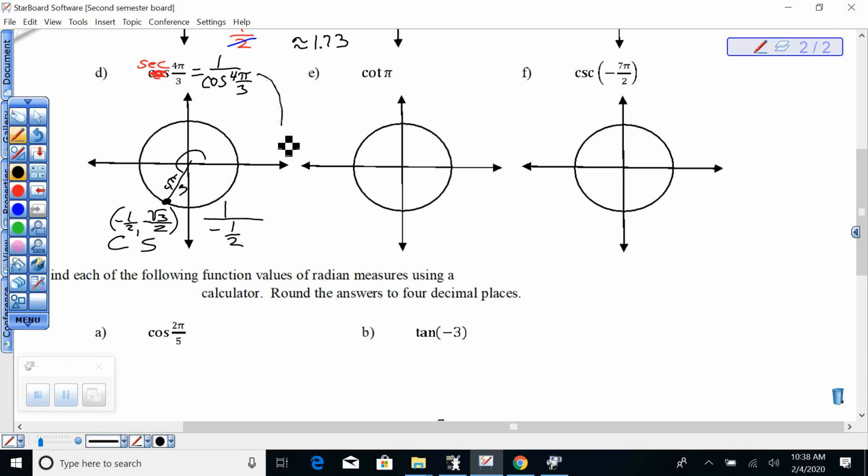And I'm just bringing this value down here so I have room to write. You probably have room on your paper. So let's divide that. 1 divided by negative 1/2 is the same as 1 times, keep, change, flip. Right? That's 1 times negative 2. So your answer is negative 2.